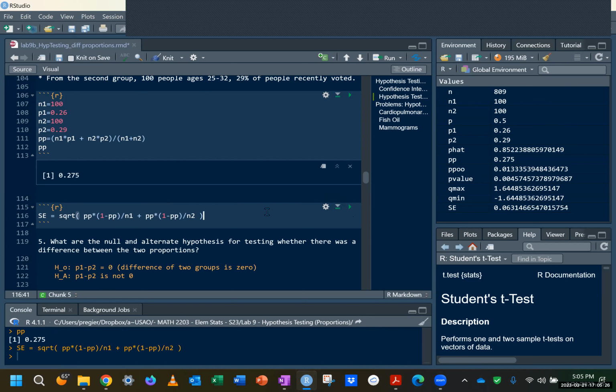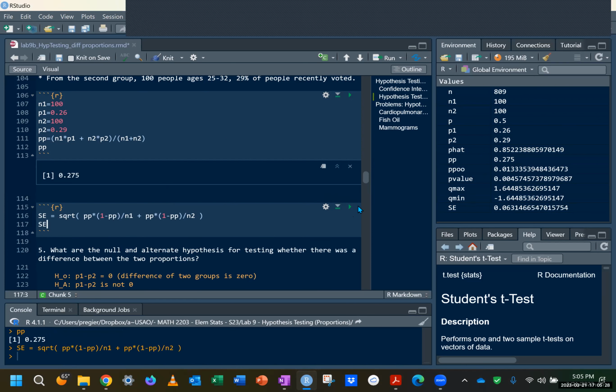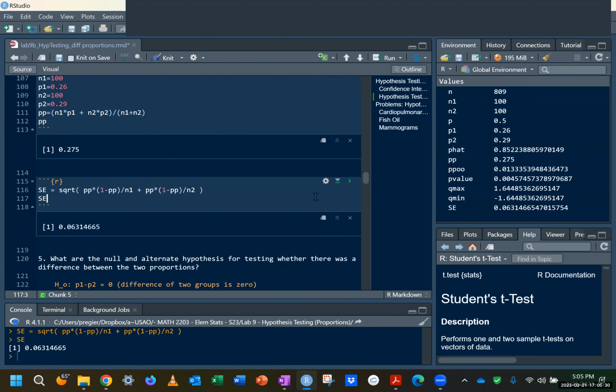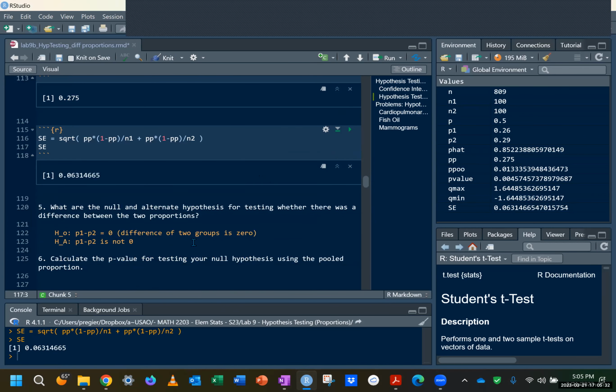So once I find my standard error, this tells me the distribution of my sample. So the distribution of P1 minus P2, this is what we're testing, the difference.